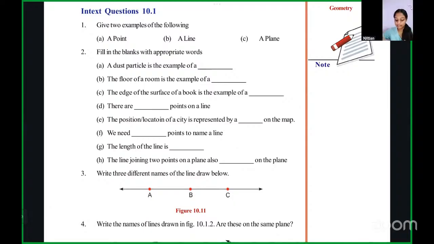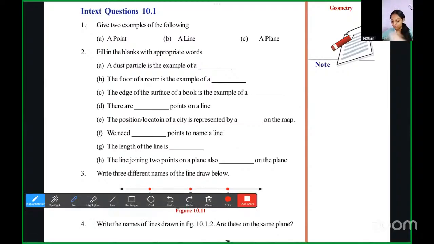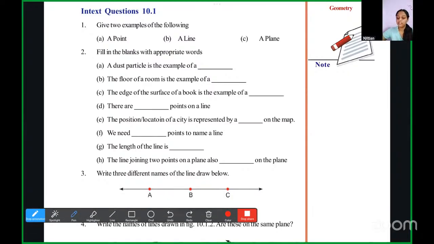Like a stretched wire, a pencil, a scale. Yes. A ruler. Yes.